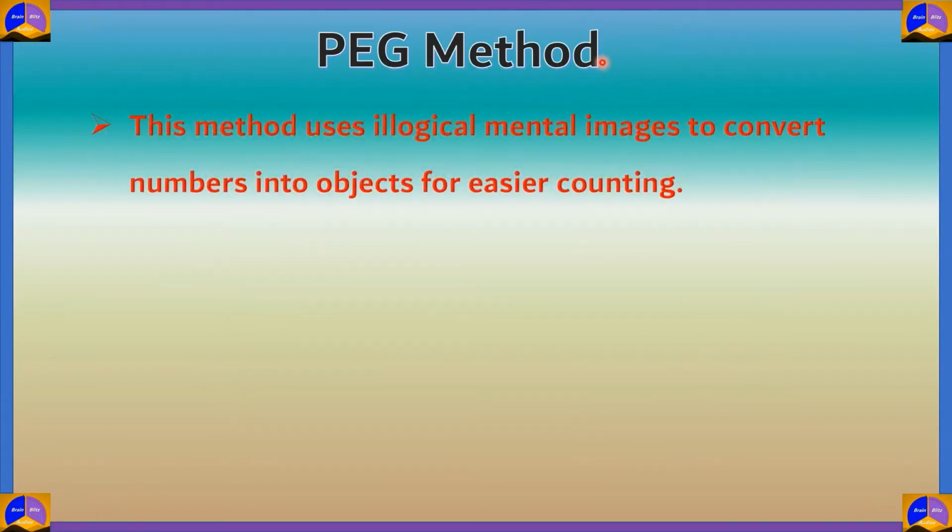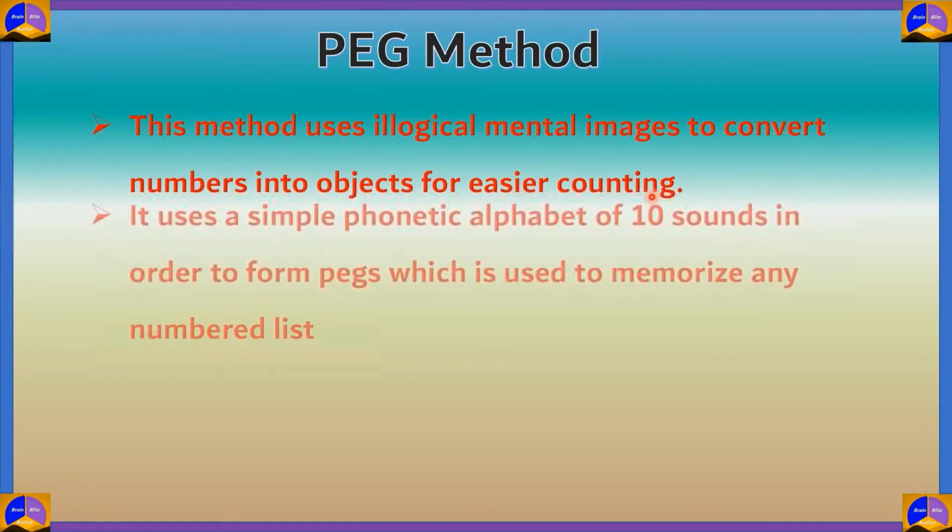So what this method does is use illogical mental images to convert numbers into objects for easier counting. We take a number, and after applying the PEG method, it will be converted to an object of your choice. And that object can be used for easier counting using conscious illogical associations.